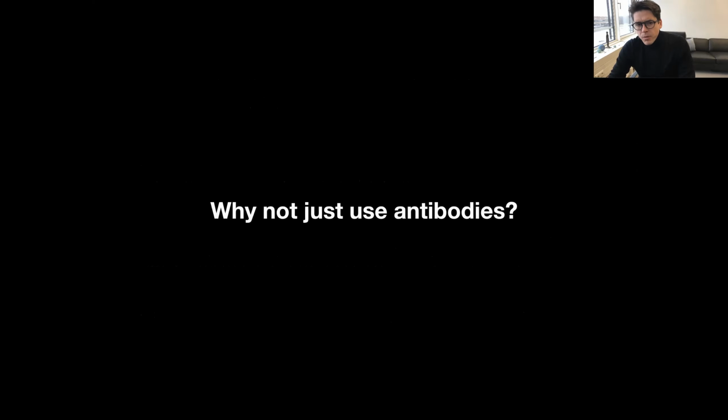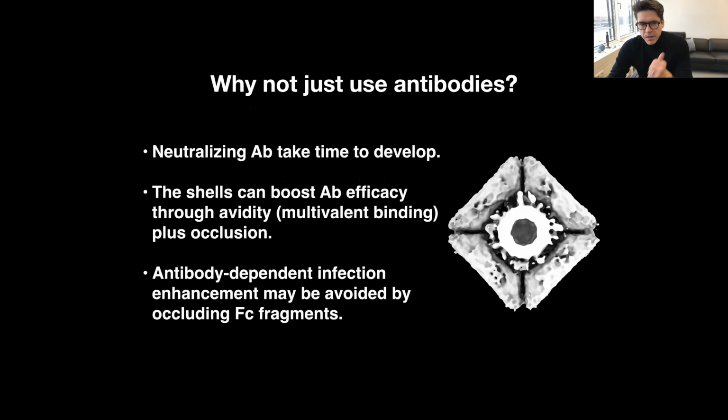And then you could ask, well, why not just use antibodies? I tried to touch on this in my slides a little bit. We've seen in our assays that individual antibodies, because they can individually unbind and rebind, you need a lot of antibodies to really cover the surface.